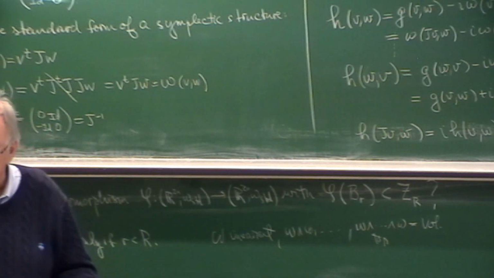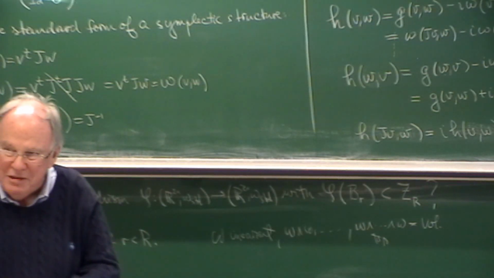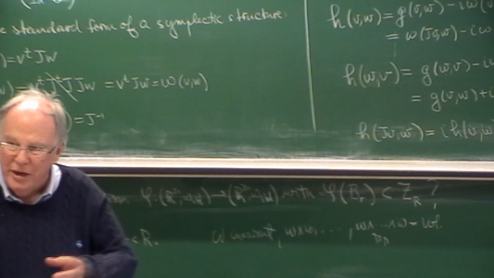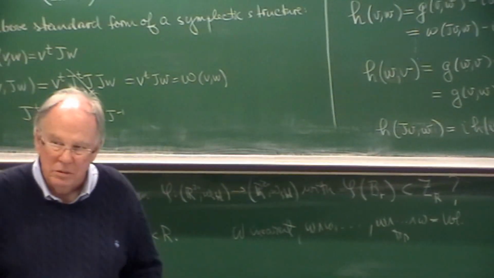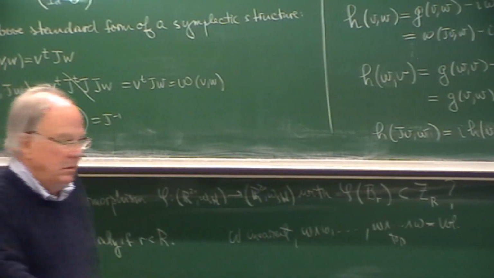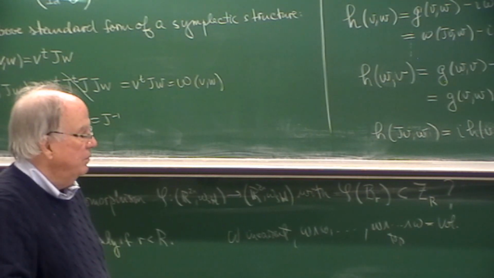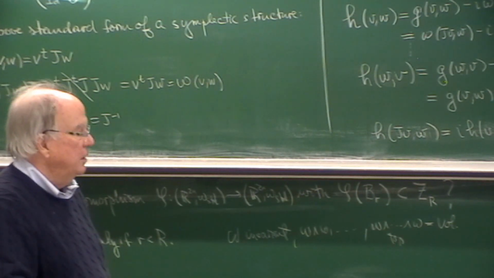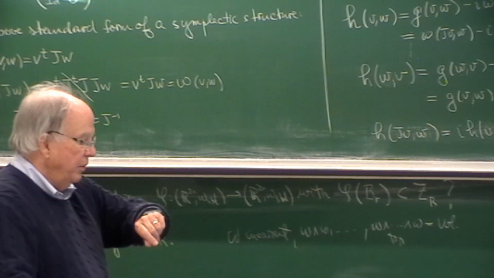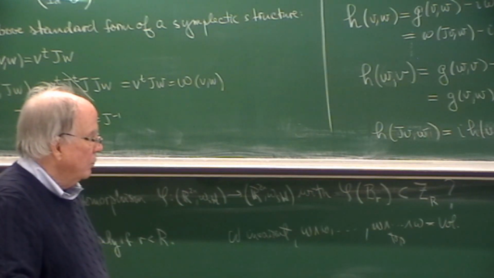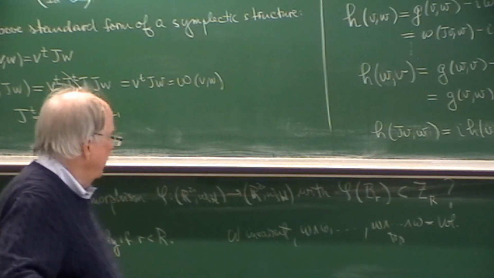You begin to feel, okay, area is invariant, higher dimensional areas are invariant, and so on. This is a wonderful theorem, and this is the beginning of very deep symplectic geometry.